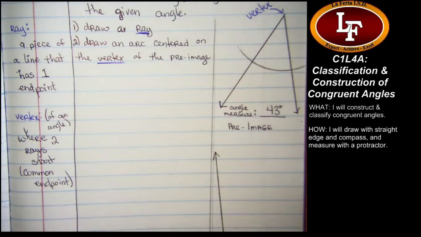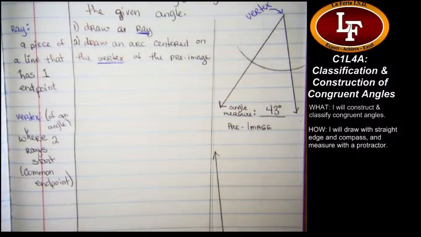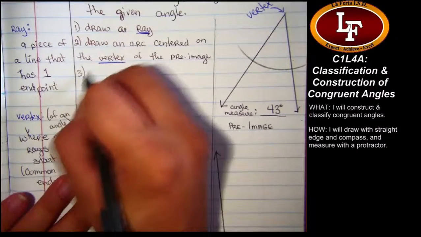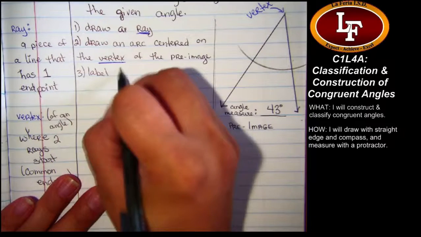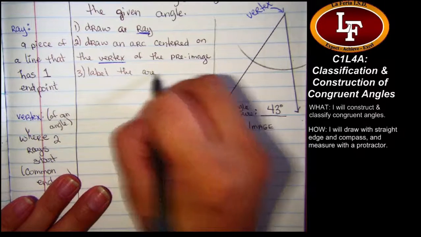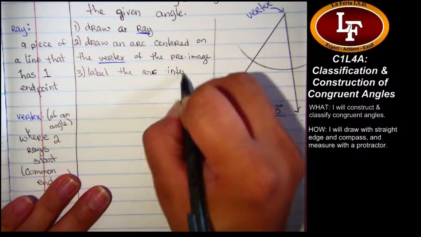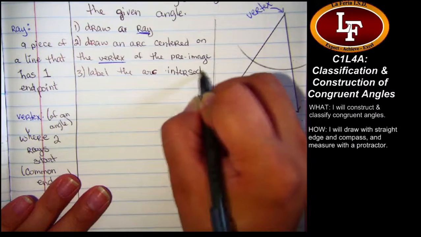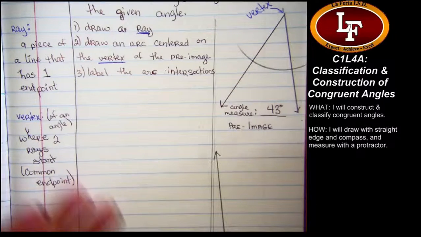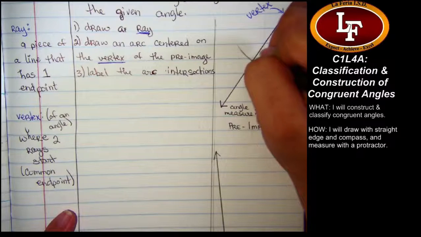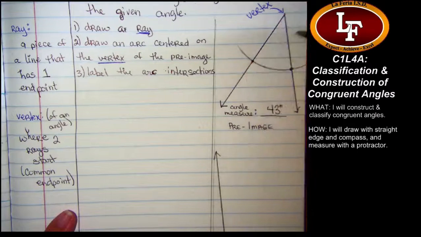So far so good? Step 3: label the arc intersections. Can I have some labels, please? Right. And F.